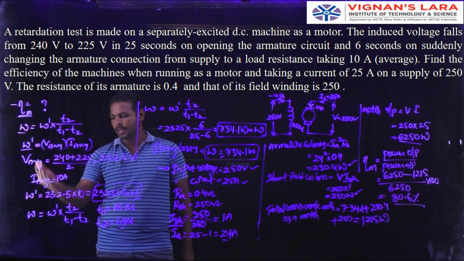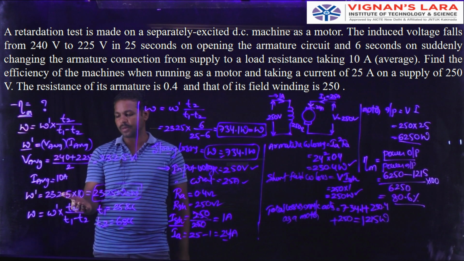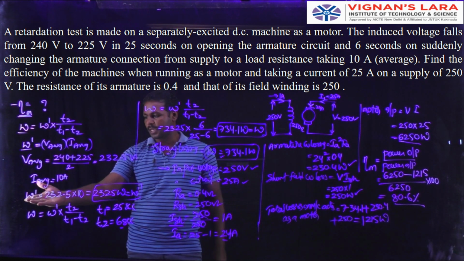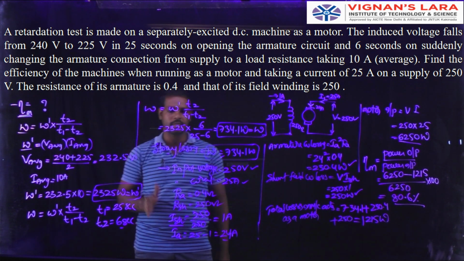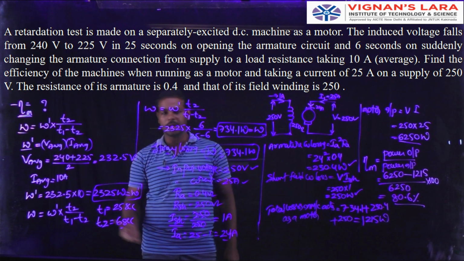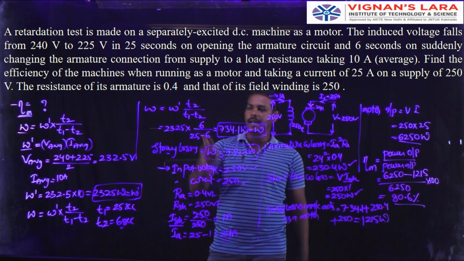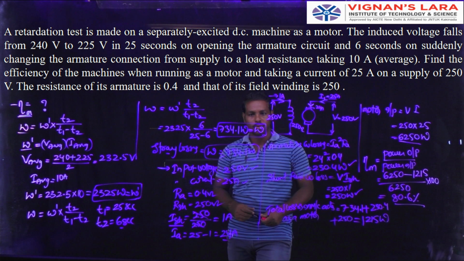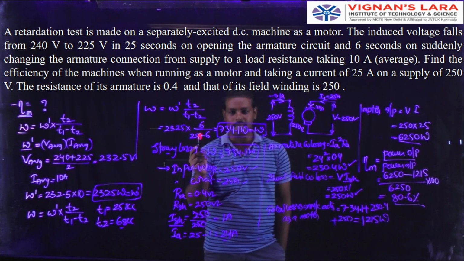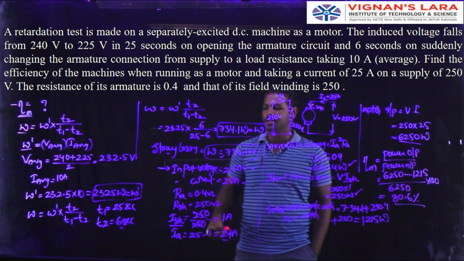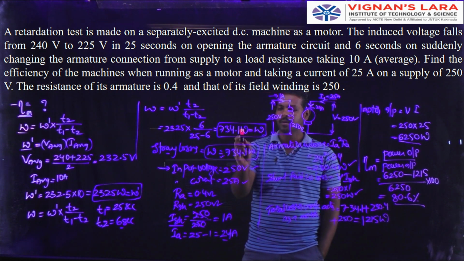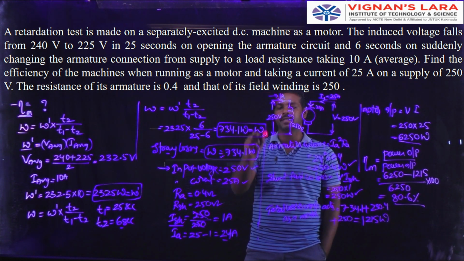The product of these two values is 2325 watts. So W is equal to W dash into T2 by T1 minus T2. The times taken to reduce the voltage are 6 seconds and 25 seconds. So 2325 into 6 divided by 25 minus 6 is equal to 734.1 watts. So these are the stray losses.